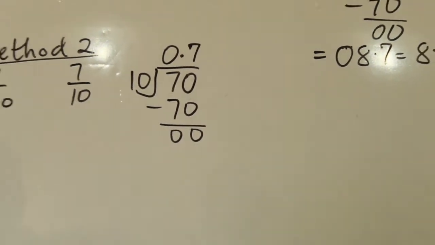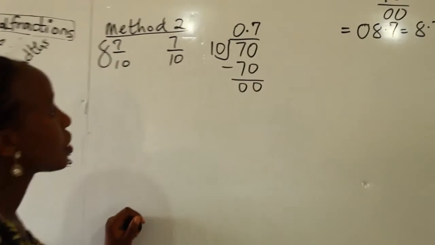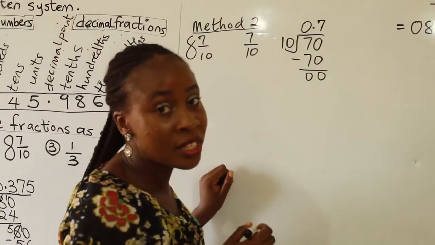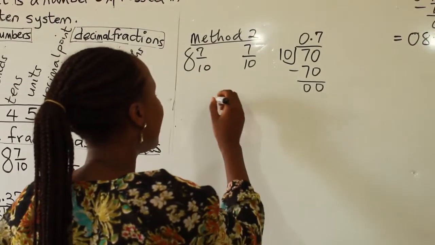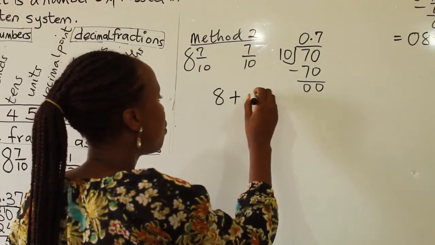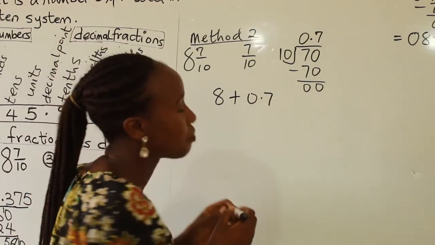So now 7 over 10 expressed as a decimal is 0.7. So we're going to be adding the whole number 8 plus 0.7.